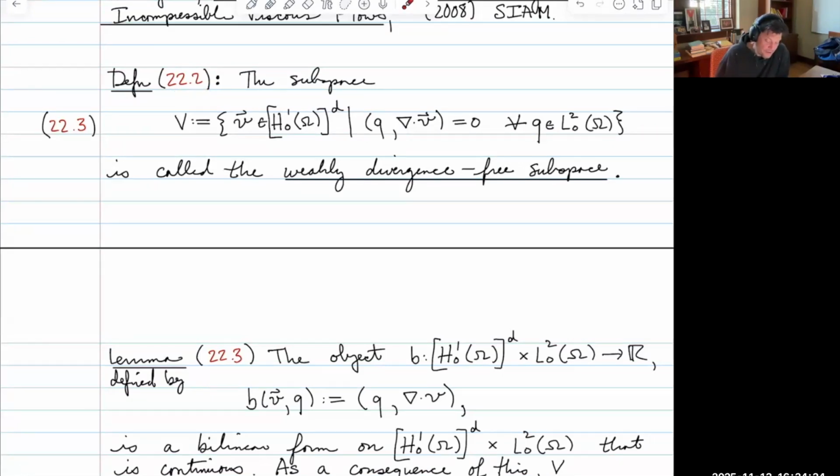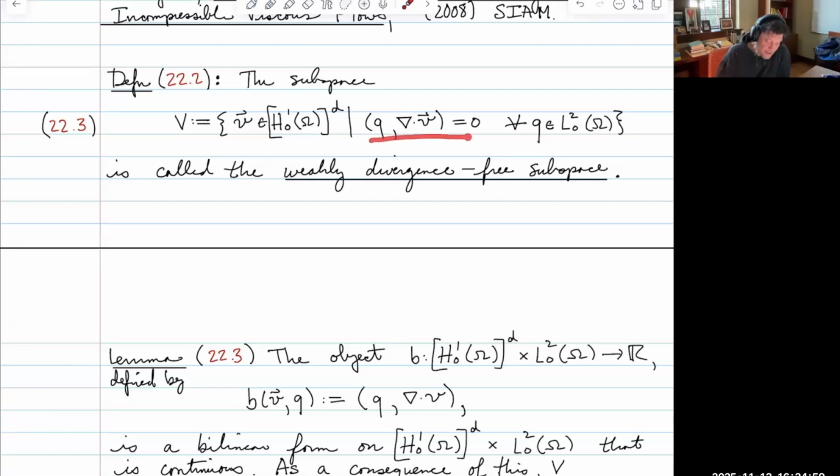In this definition, we're going to define this subspace as a subspace of H01 to the d. So this means that these are vector functions, each of whose components are in the space H01. That takes care of the boundary conditions. It builds those divergence-free conditions into the space.